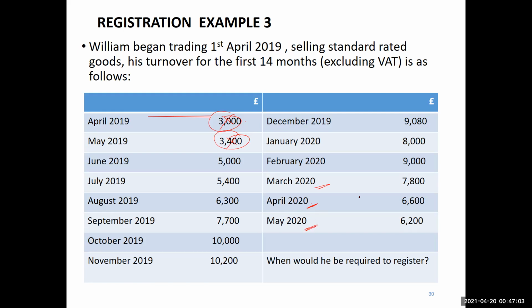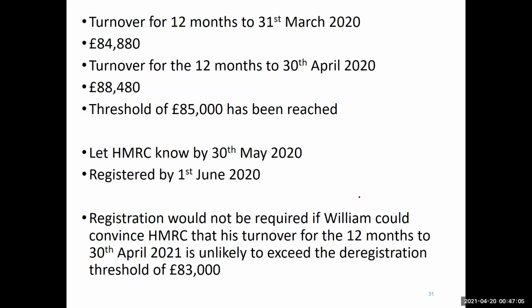Check, does it add up? If you take a typical example, for the 12 months up to March, it doesn't sum up, but then up to April, it exceeds the threshold. Therefore, on April 30th, he has 30 days to notify HMRC. So up to 30th May, he should notify, but he must be registered by 1st June. So that is it typically.